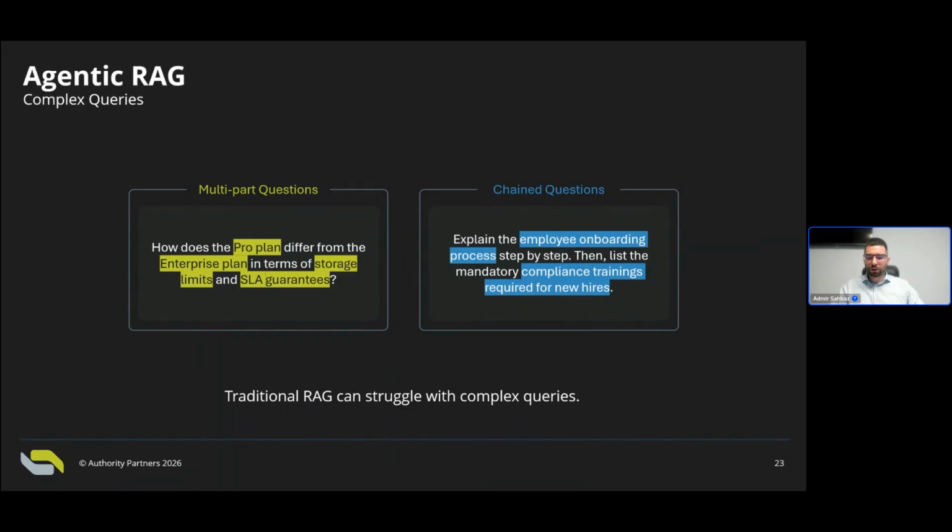These types of questions typically require combining multiple pieces of information, often spread across different sources, different documents, and sometimes even refining the search based on intermediate search results, or based on what we learned along the way, which brings us to our next and final topic for today, and that is agentic RAG, which introduces a more dynamic and iterative approach to retrieval.